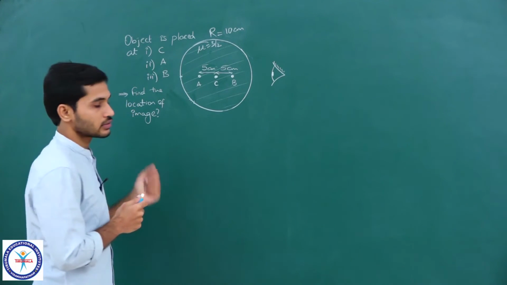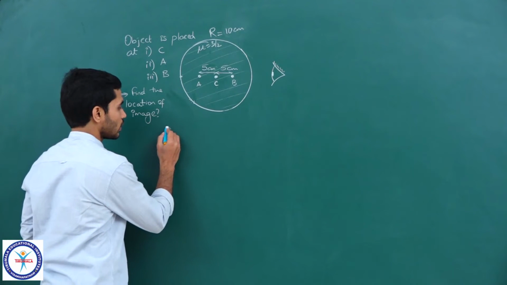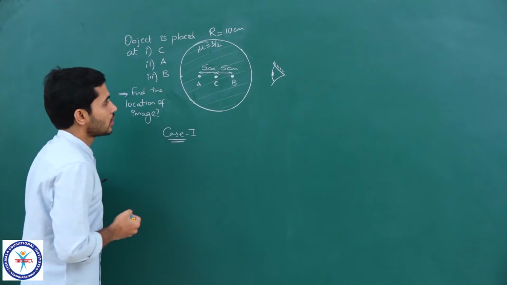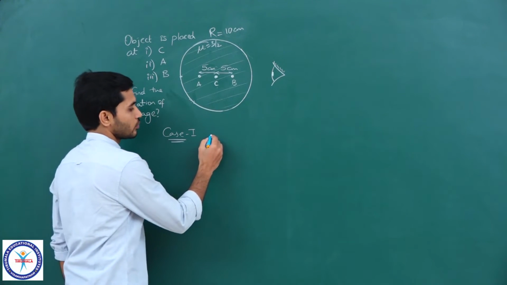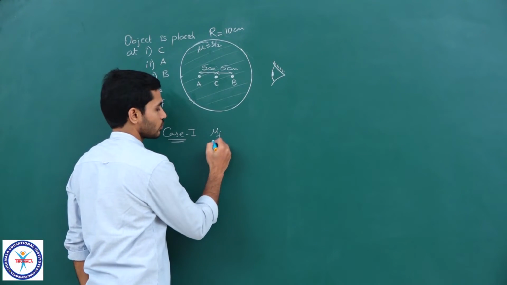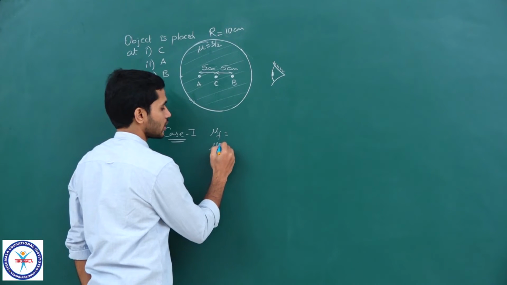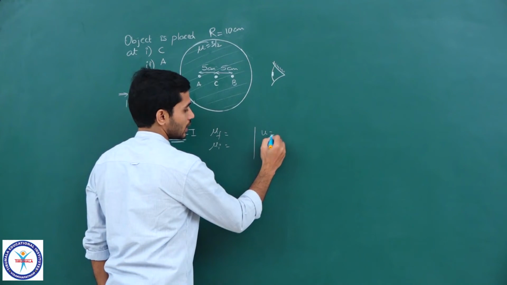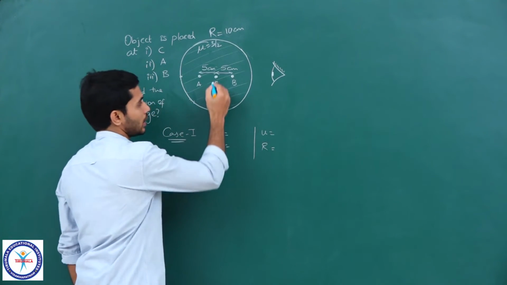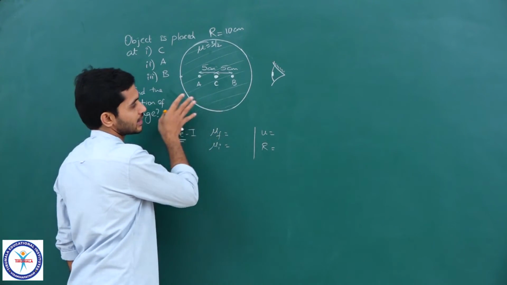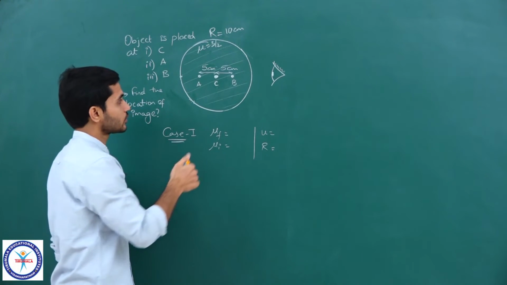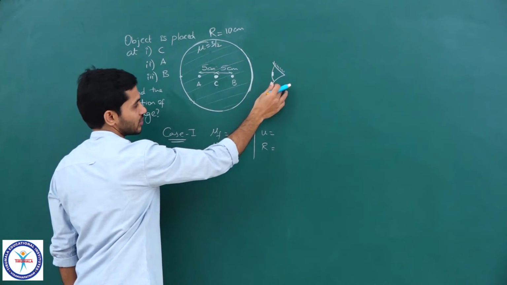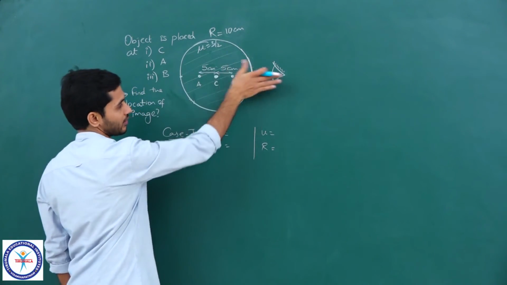So, let us do this. I will first solve for case 1. I will write the values: mu final, mu initial, then u and R. Now, the object is here. The light rays are travelling like this, correct? This is the interface, and the man is observing from here, so light rays should travel this way.